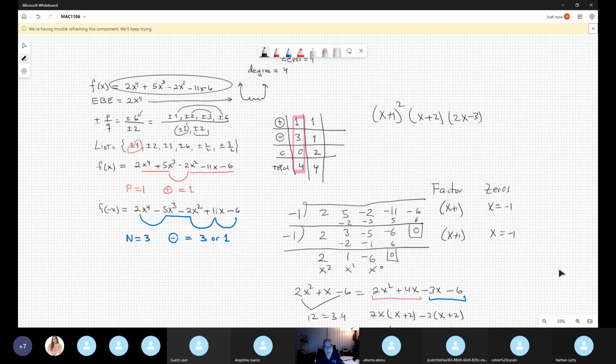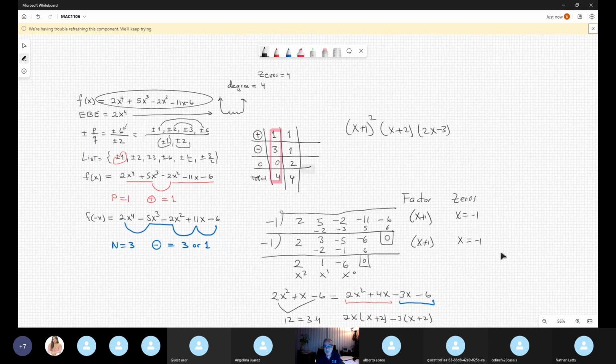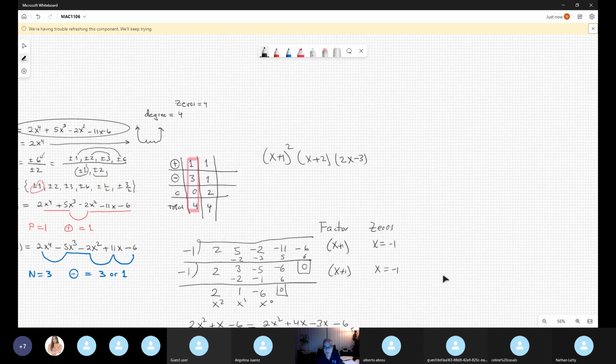Let's do the graph quickly. The graph looks like that. This is the x-axis, and this is the y-axis. The zero, which is the most important, lies at negative 1 here. Multiplicity 2, therefore touch.